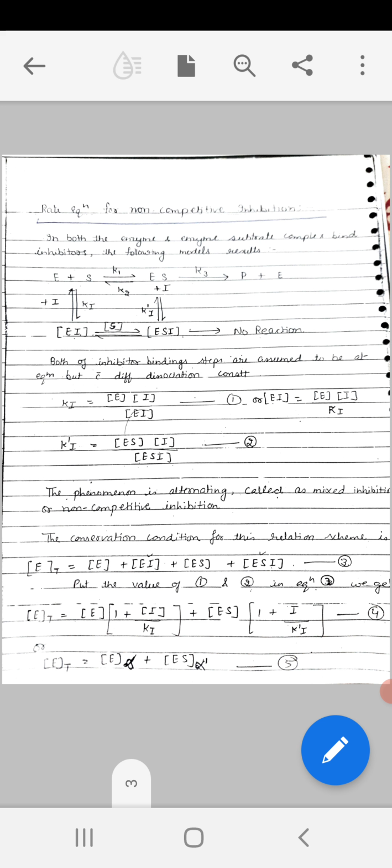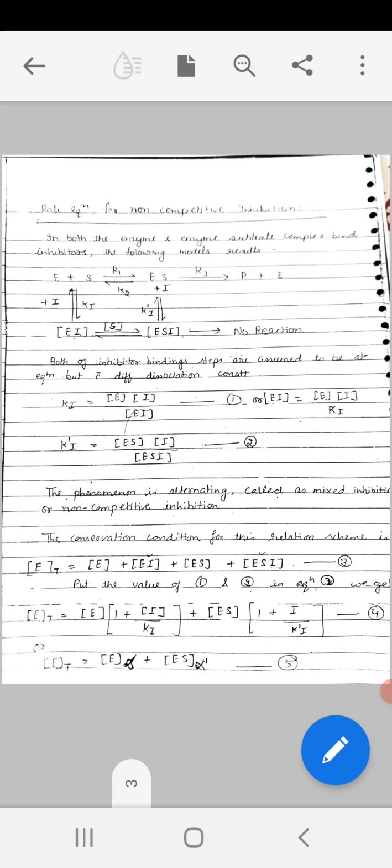The conservation condition for this reaction scheme is given by Et is equal to concentration of E plus concentration of EI complex plus concentration of ES complex plus concentration of ESI complex, equation 3. This is the conservation condition.